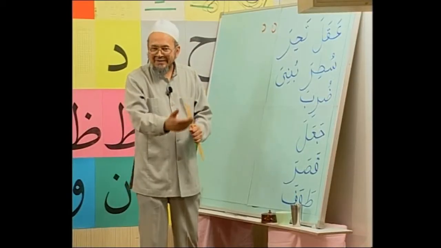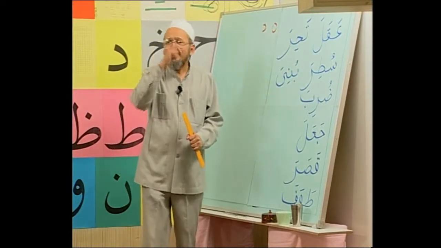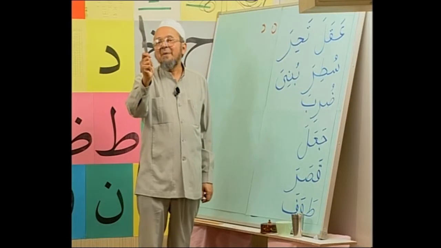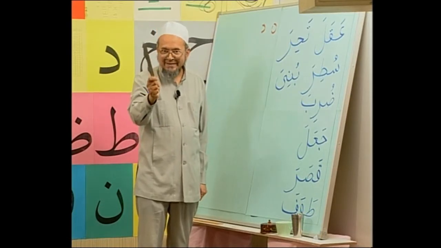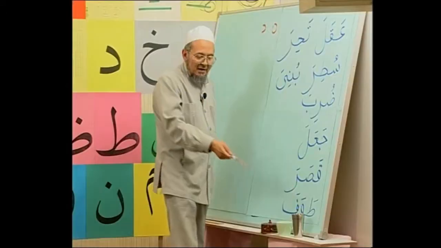Did you find variation, difference in the sound? Yes. Now, may I ask you the question, what is this? A knife, metal. It is metal, isn't it? Now, I am hitting metal with another metal.